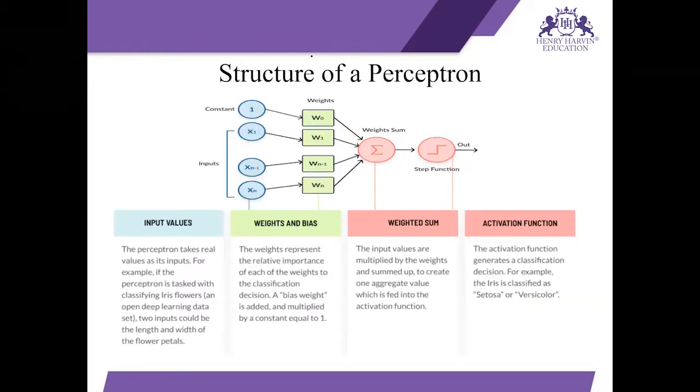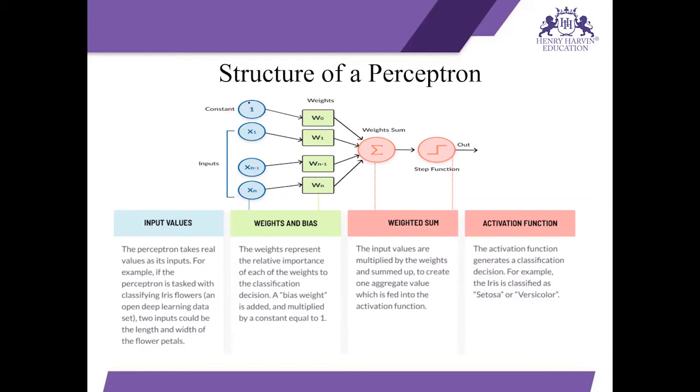Now let us try to understand the structure of a perceptron. This is really important to understand. When you have the basic knowledge of machine learning, this is going to be really easy for you. Now look at this. You can see x1, x2, x3, x4 up to xn. These are called inputs.